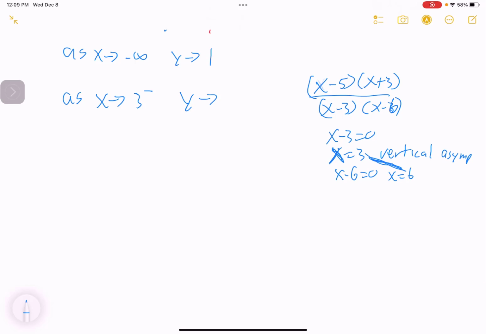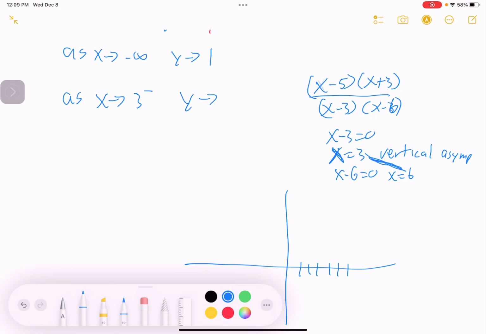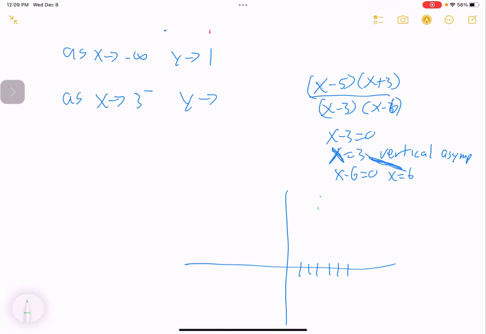If we were to start graphing this, we know at 3 and at 6 we're going to have these vertical asymptotes. The question is, what's the behavior as you approach it from the left? The negative there means from the left side.